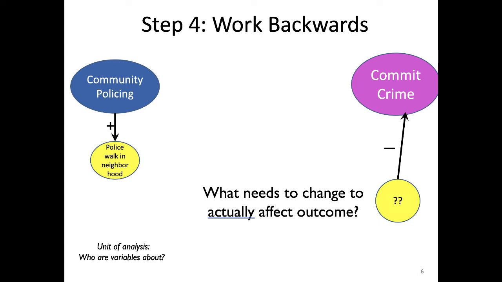What needs to change in them so that they won't commit crime? And in particular, since lots of things might need to change, what kinds of things is community policing, and policing knowing members of the community, meeting them from walking around the neighborhood, likely to change that would be one of these proximate causes of crime?